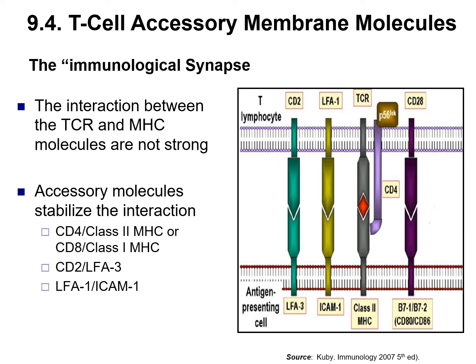Take note that the reaction between these two is not strong. There is low avidity. Because of that, we need some molecules to make this stronger, and those are called accessory molecules. Examples are CD4 combined with class 2 MHC, CD8 combined with class 1 MHC, the CD2 LFA3 combination, and the LFA1 and ICAM1 combination.